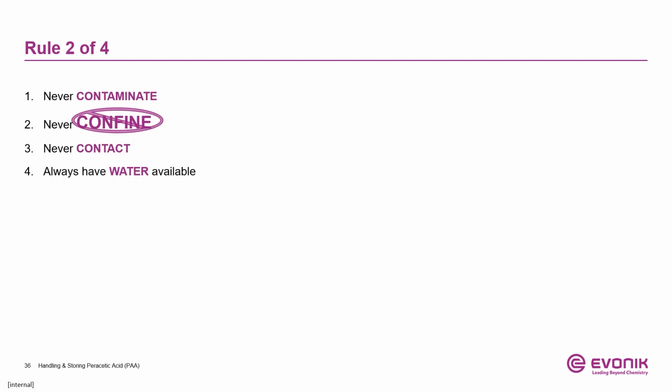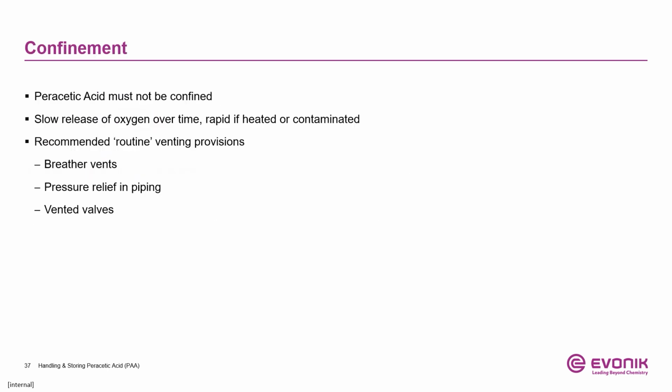Rule 2. Never confine. Peracetic acid must not be confined because an inherent property of PAA is the slow release of oxygen over time due to normal decomposition. The recommended routine venting provisions include breather vents, pressure relief in piping, and vented valves.